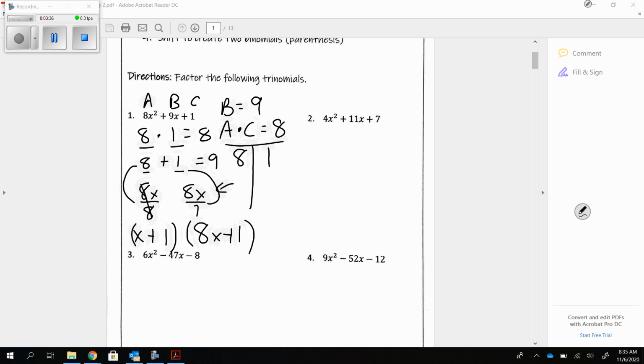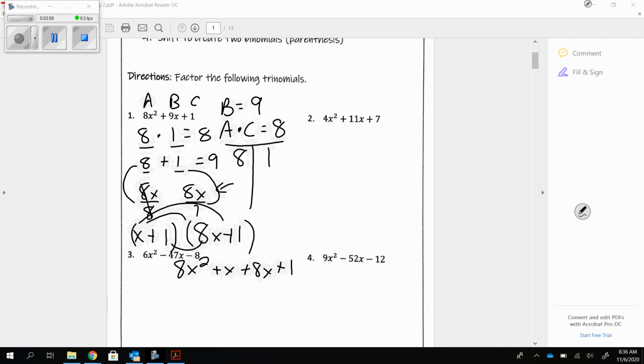So we have 8x squared, plus x, plus 8x, plus 2. Oops, not 2. That's 1.